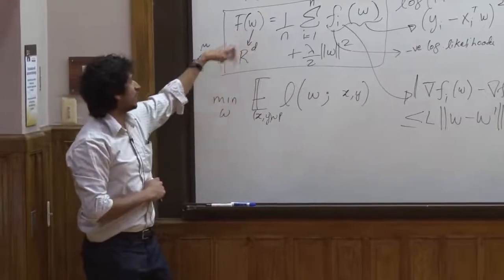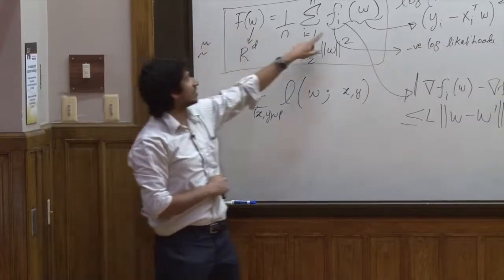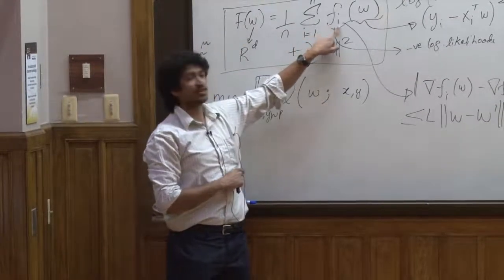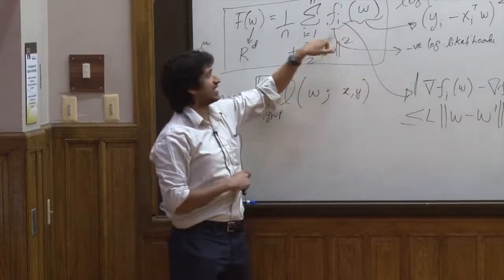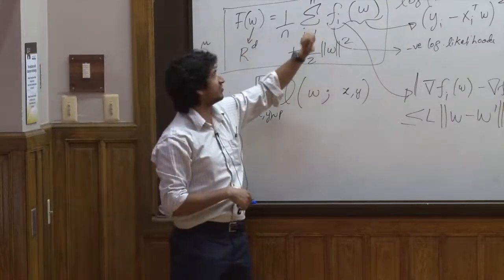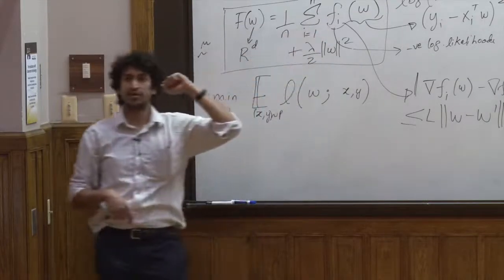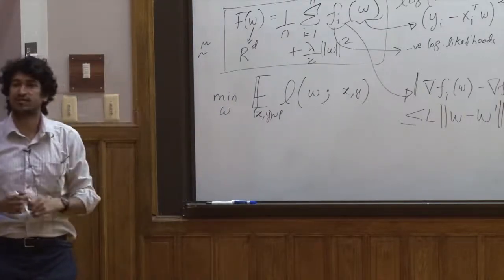Now note that taking a gradient step involves calculating the gradient at each of the data points. You have a predictor w and you have to calculate the gradient of each of those fi's. There are n of these fi's, and you have to calculate the gradient of each one of them, sum them all up, and then take a step. So what's the problem with that?